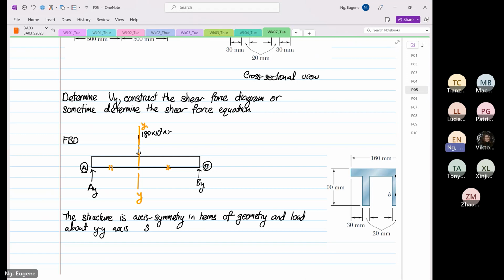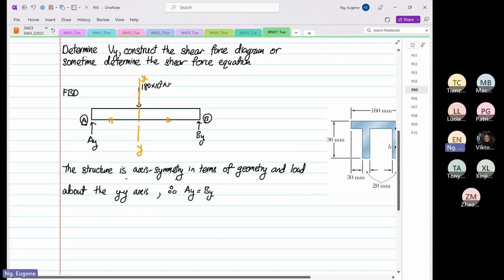Okay, therefore AY is equal to what? Right, so therefore AY is equal to BY.